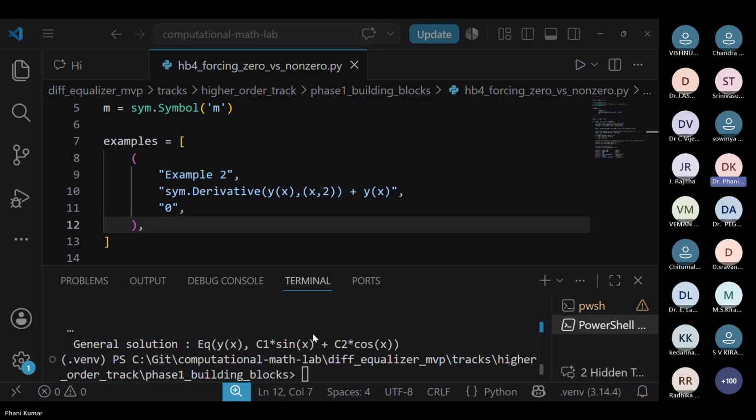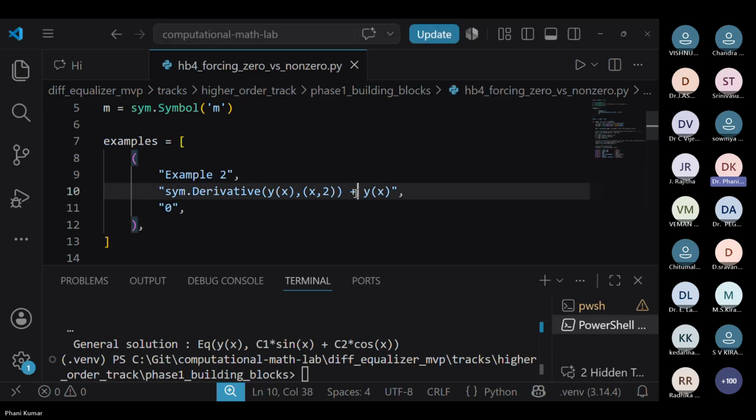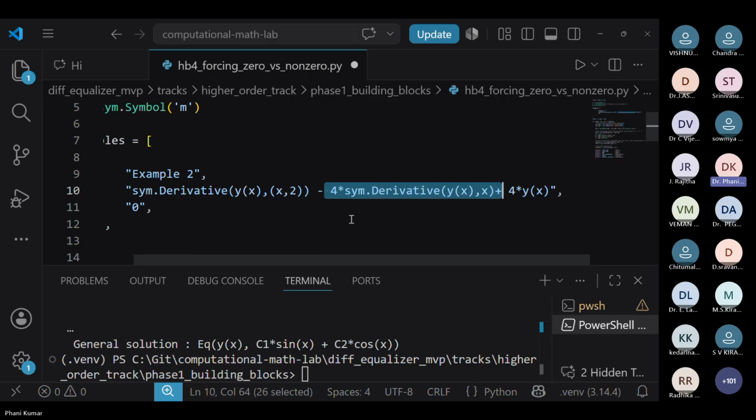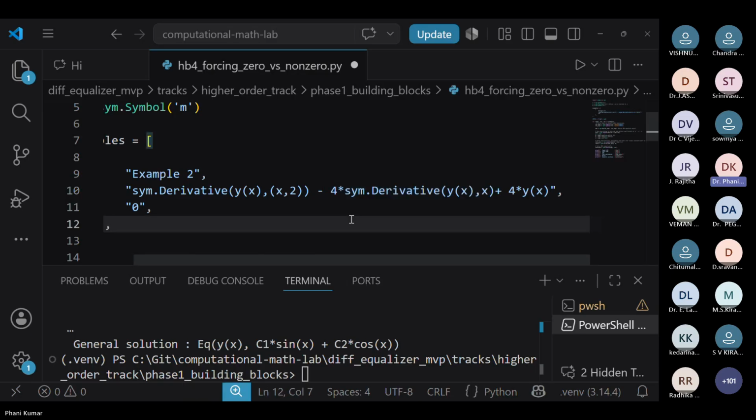So I am going to take another example like that. b square minus 4ac, and it is some b square, some 25 minus.